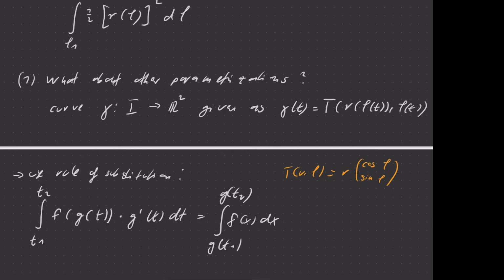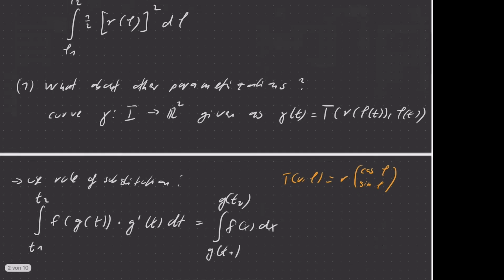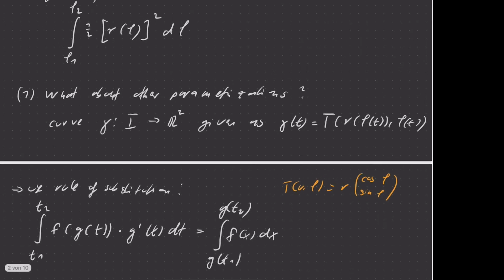Now, how can we apply that in our situation? Well, basically, what we have is this here. And what we want is this setup here. So we want to go from this side to this side in that case.